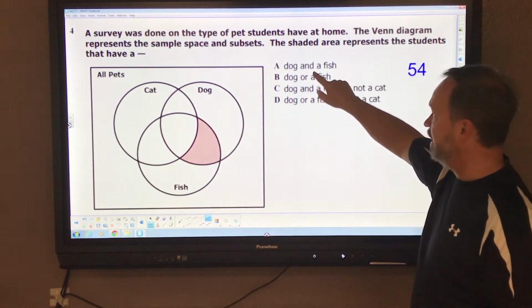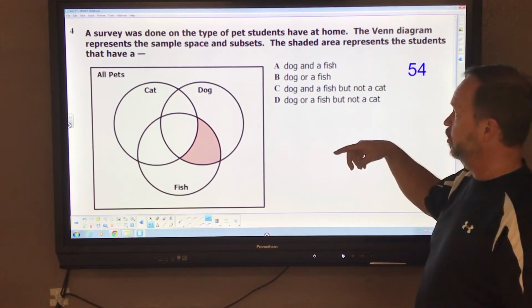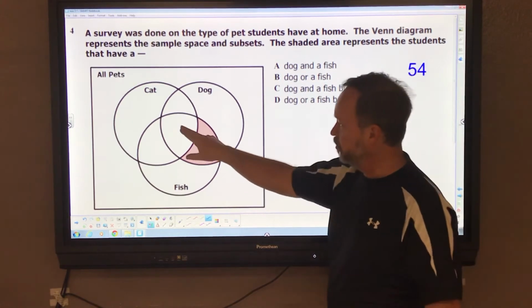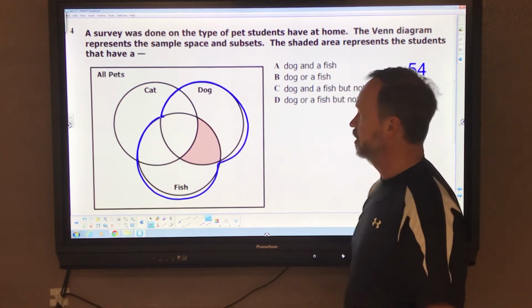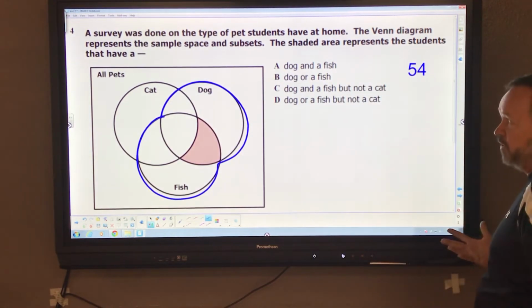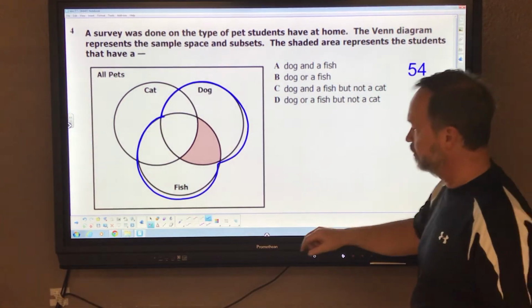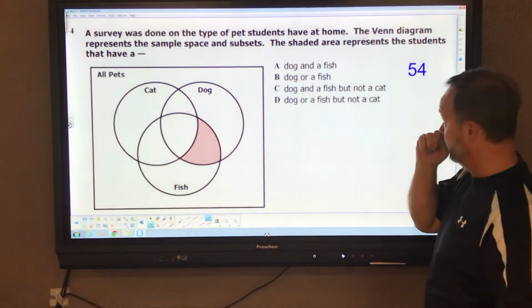And remember, for the and to be true, they have to both be true. They have to have a dog and a fish. For a dog or a fish, it would have been this whole area here, because you can have a dog or you can have a fish. It doesn't matter. You get to have one or the other, and it's still true. So neither of those are going to be accurate for the question that we have.